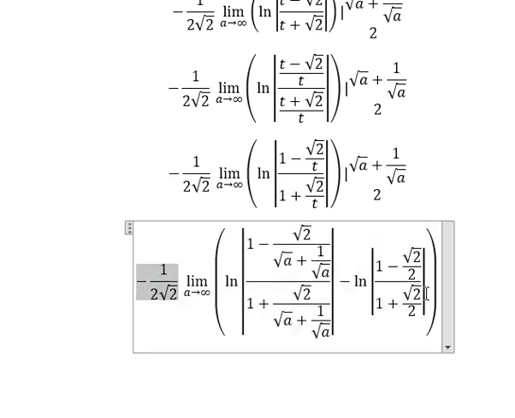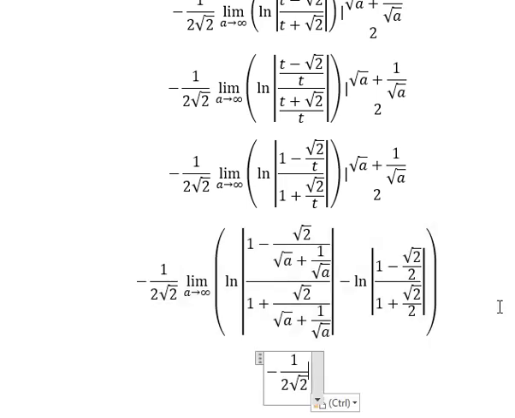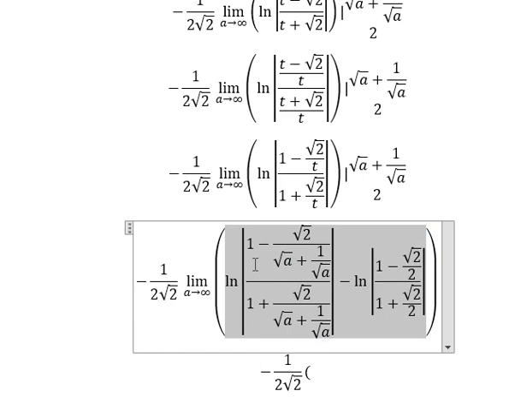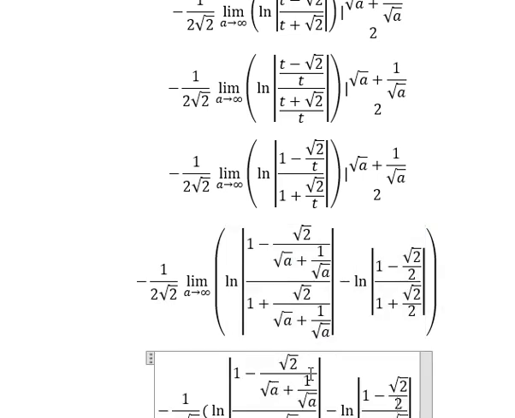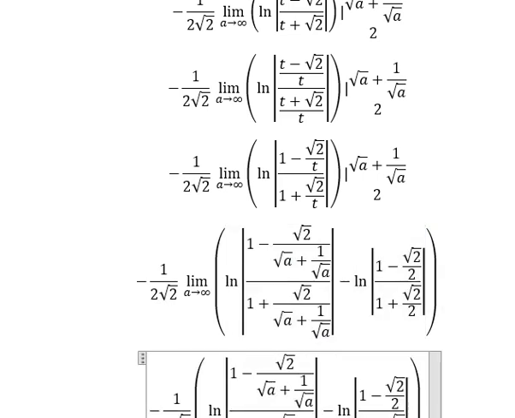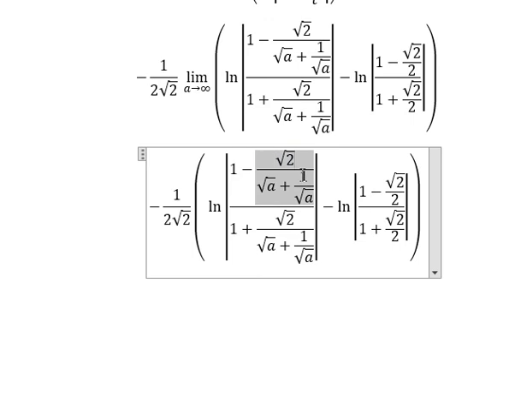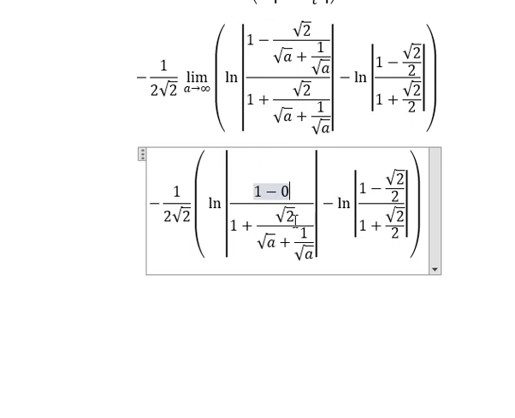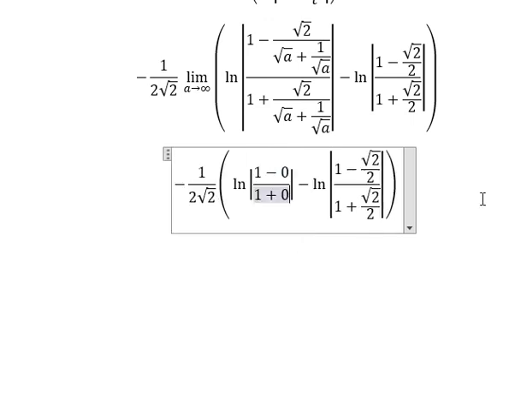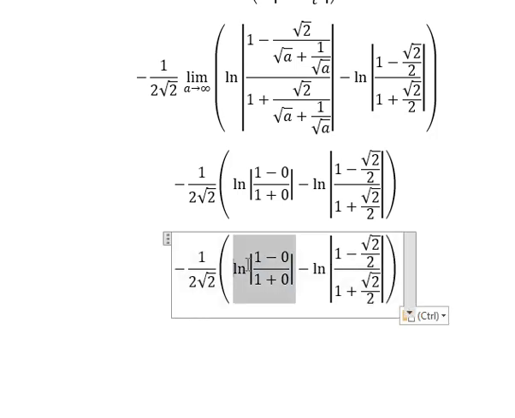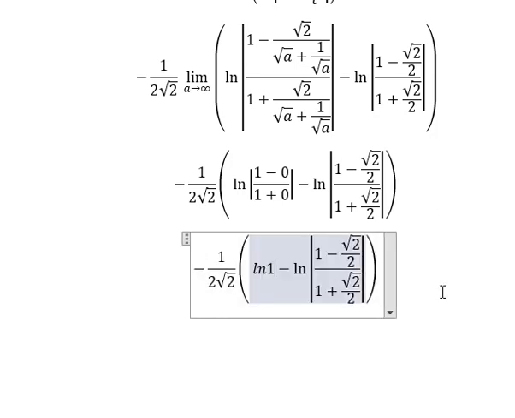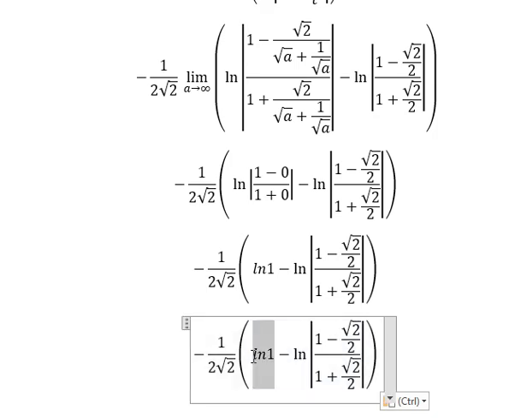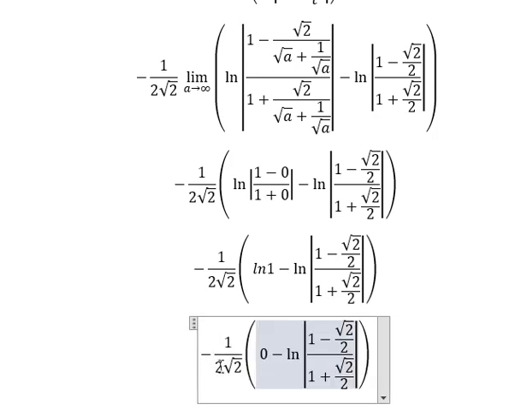And now we have like this. So this one we have number 0. This one we have number 0. And now we need to simplify, and we have ln number 1. So ln number 1, we have number 0. Negative, negative, we have positive.